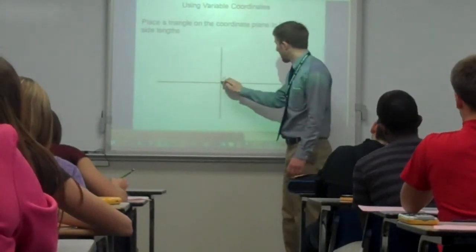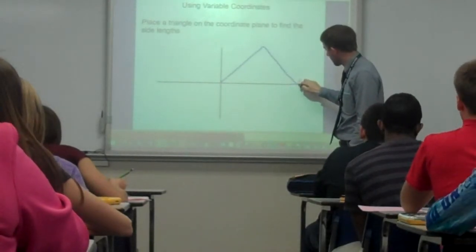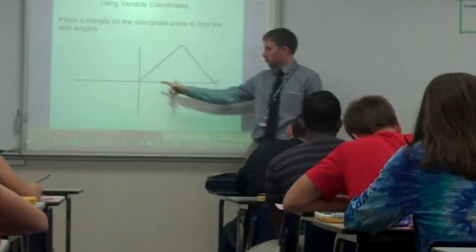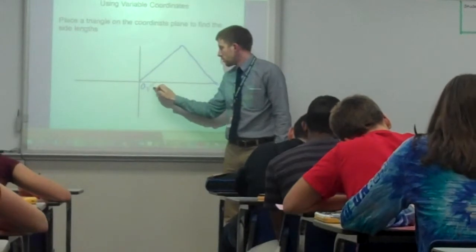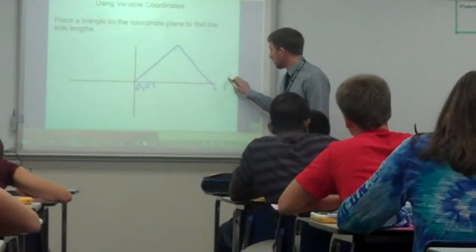I'm going to put one right here, put a dot here, a dot all the way over here. I have no idea what these side lengths are. But we do know this point. What is this point? 0, 0. We know the y coordinate over here is 0.